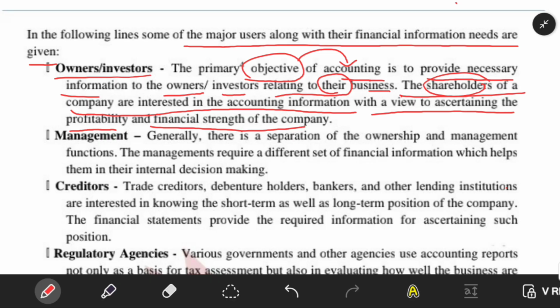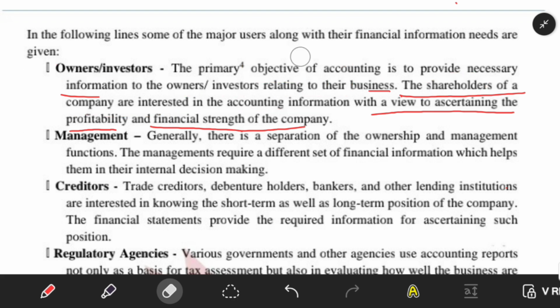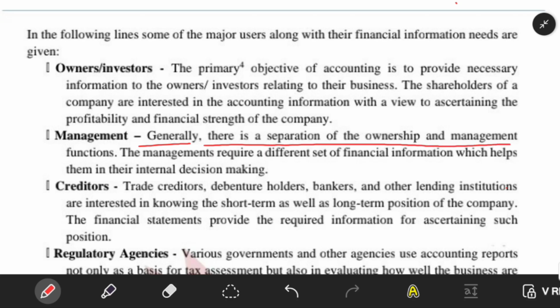The second is management. The next category is management, who are interested in accounting information. Generally there is a separation of ownership and management functions, and management requires a different set of financial information which helps them in internal decision making.